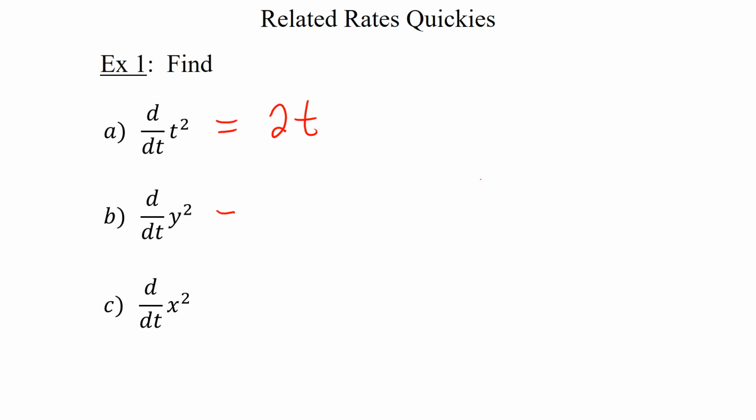Okay, what if we take the derivative of y squared? Remember, y is really a formula with t's in it that's hidden from you. So this is stuff squared, and to take the derivative of this, you're going to have to use a chain rule. So the answer is going to be 2 times the stuff, times the derivative of the stuff. Now, I know normally we'd use a y prime here, but I don't want to use y prime because the prime notation sucks, because it doesn't tell you what the variable is.